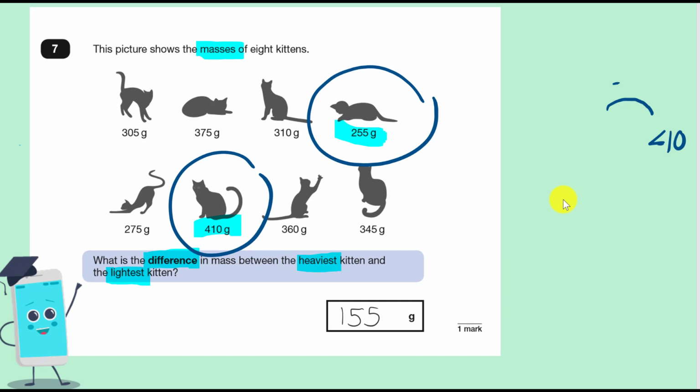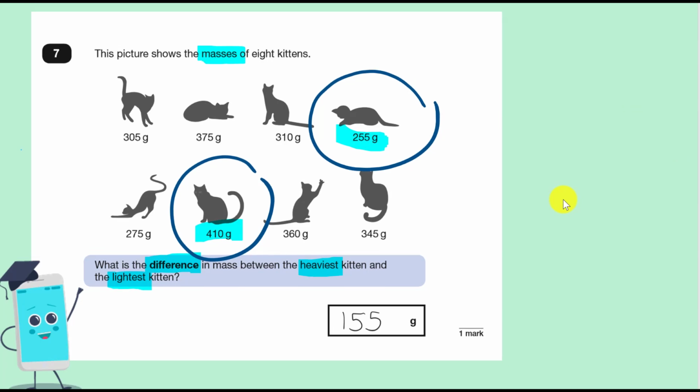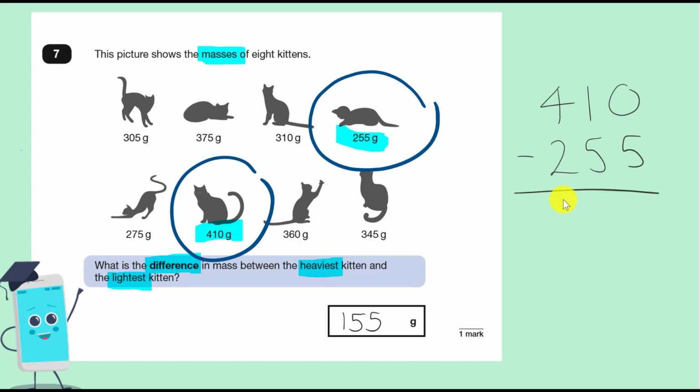Let's have a look at a more standard written method. So finding the difference is the same as subtracting. So if I take my heaviest weight at the top and I take away my lightest weight, let's see what we get. Now I can't do 0 take away 5, so I need to borrow and then exchange. If I take 1 away, that's now a 0, and I'm going to pop my 1 here.